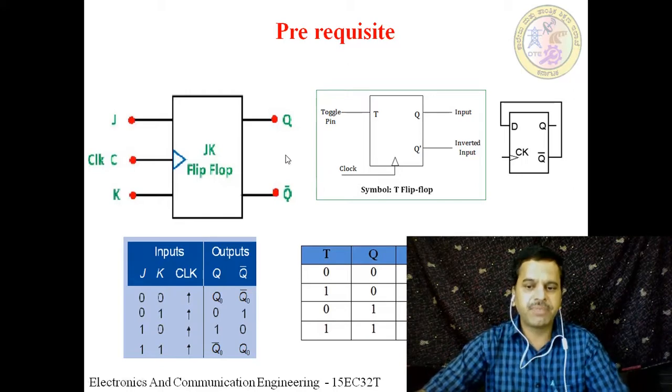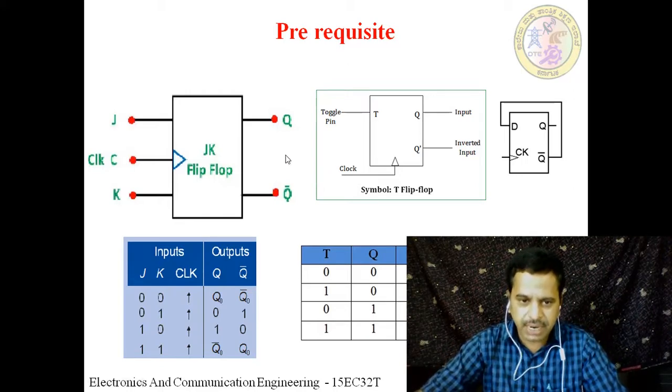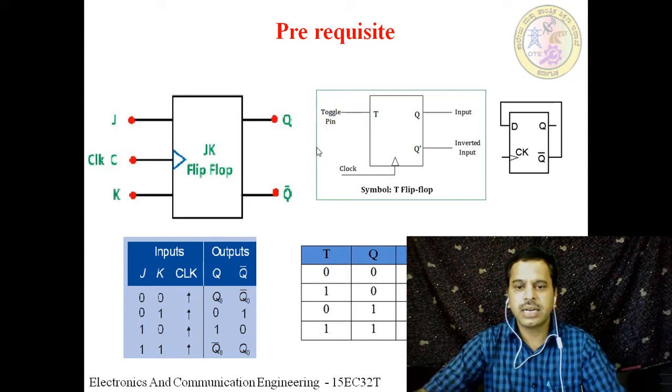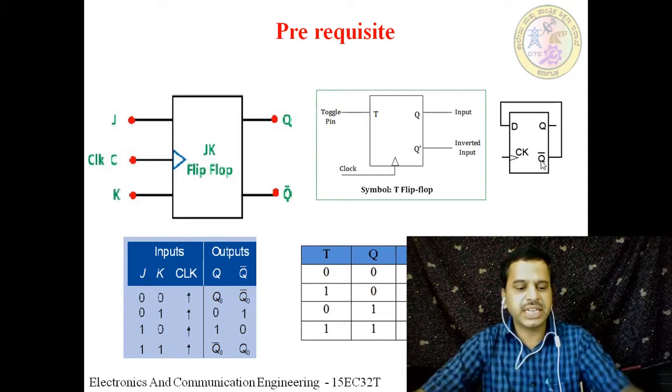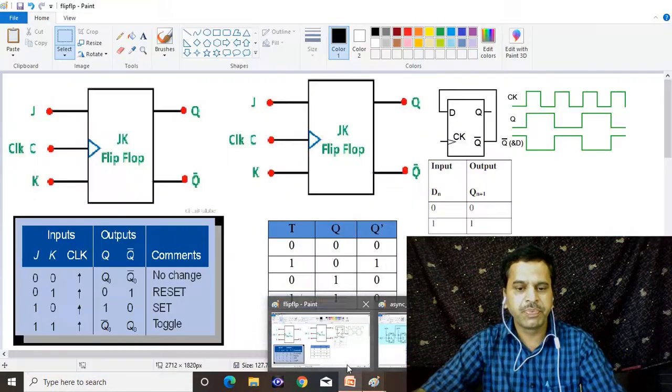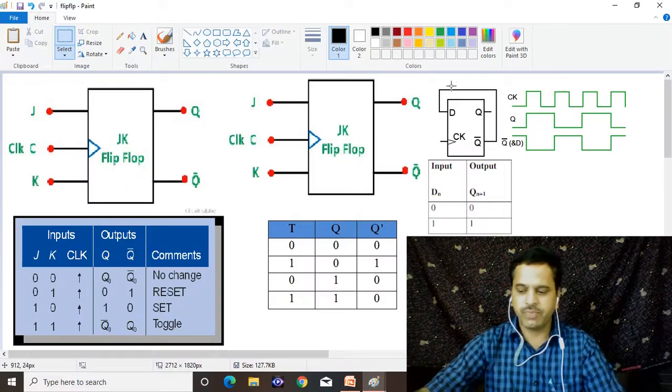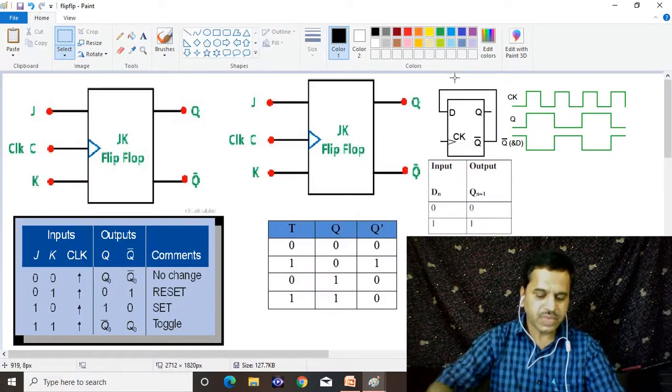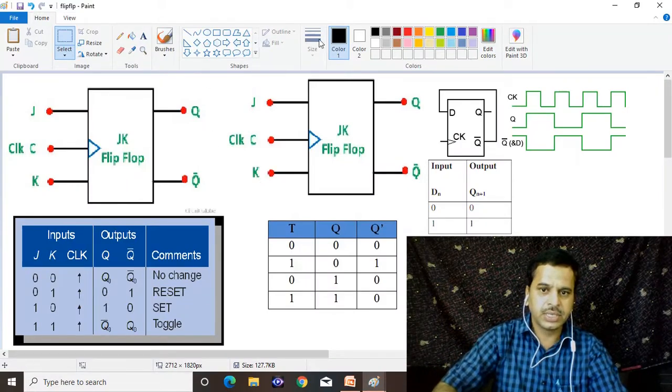We need flip-flops. What are the flip-flops that we require? JK flip-flop, T flip-flops, or inverted D flip-flops. We will study the basic function of these flip-flops one by one. Already you might have known about these flip-flops. You have already studied them in the previous classes.